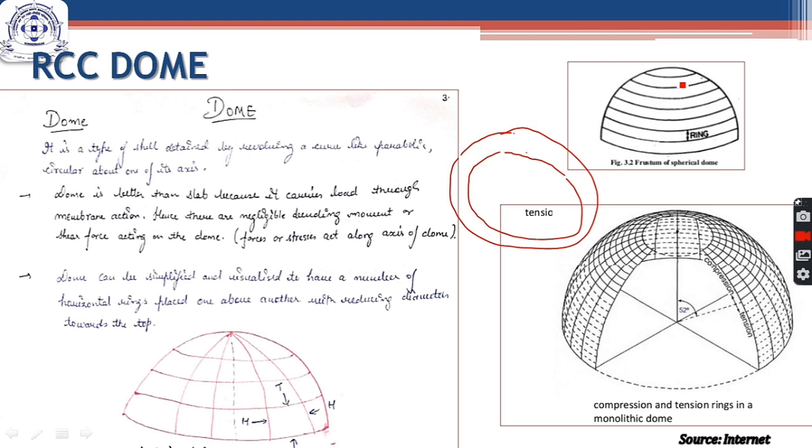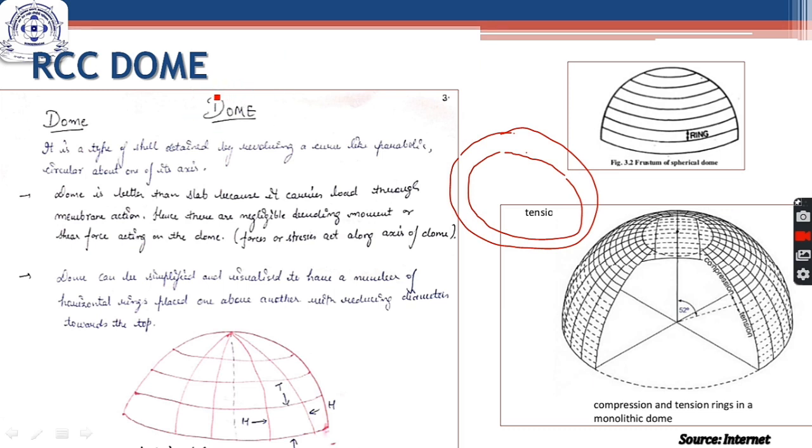So from the analysis point of view, the dome is simply simplified as consisting of rings of decreasing diameters towards the top. We are studying the dome here because the tops of overhead tanks are covered with a dome.